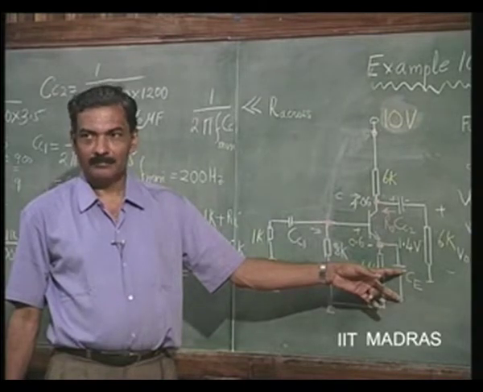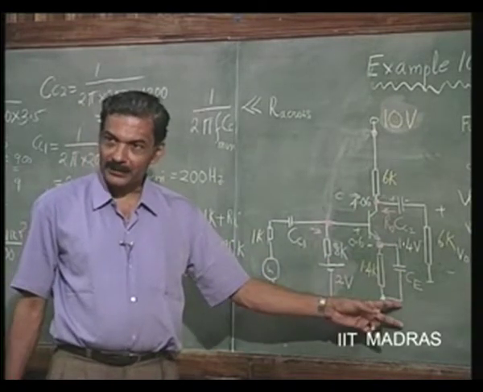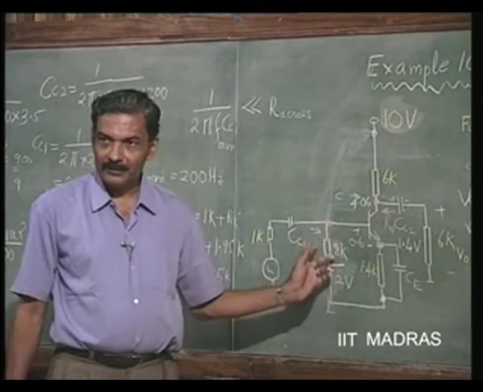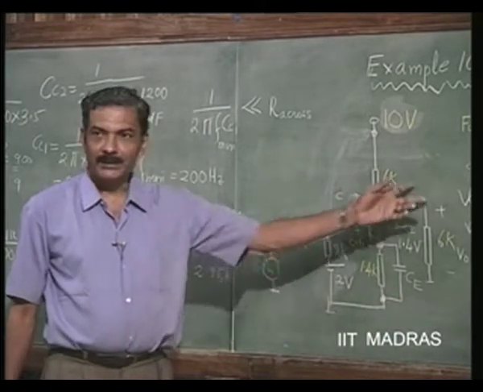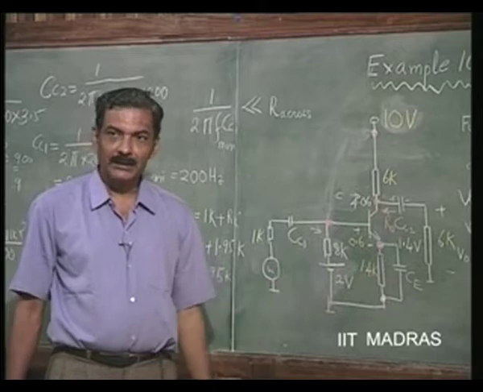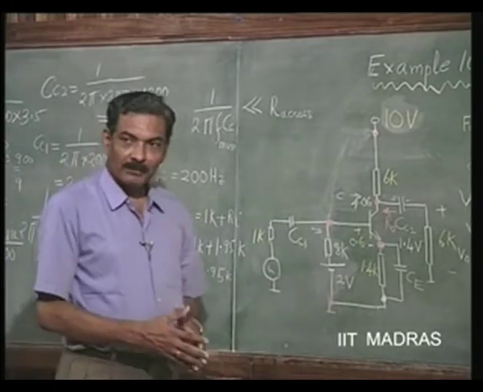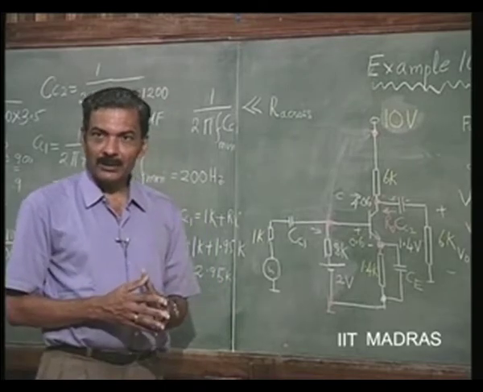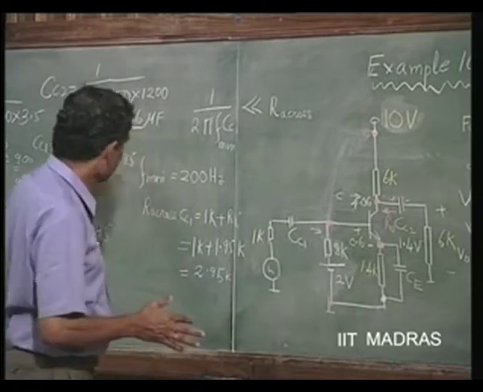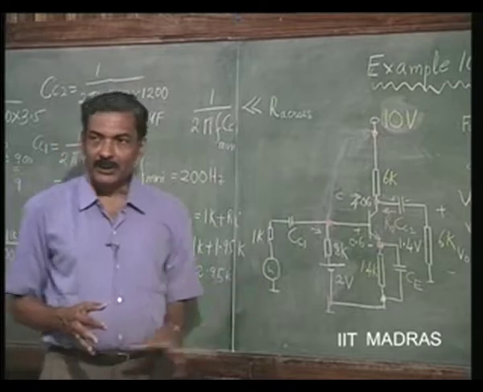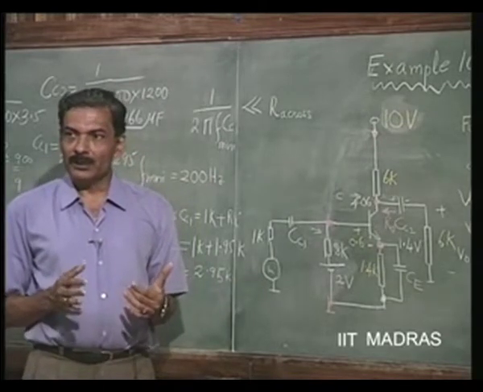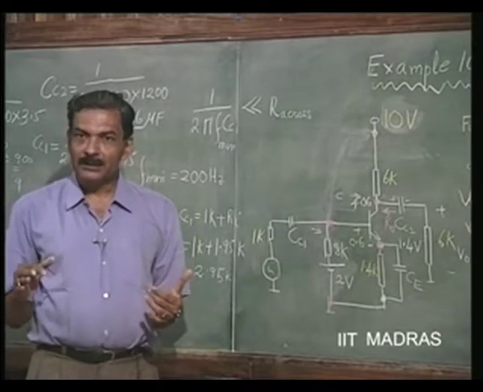Right. If they are not acting as short circuits, they will reduce the gain, they will take away some voltage here, and some voltage here. So, they will reduce the gain, and that will bring about a poor lower cutoff frequency. If this kind of design is done, it will assure that up to 200 hertz the gain is not reduced at all.